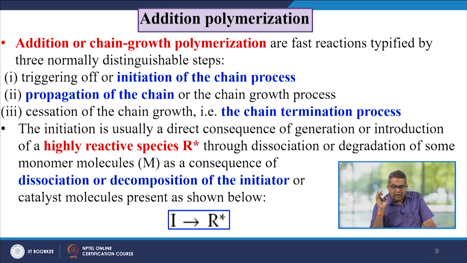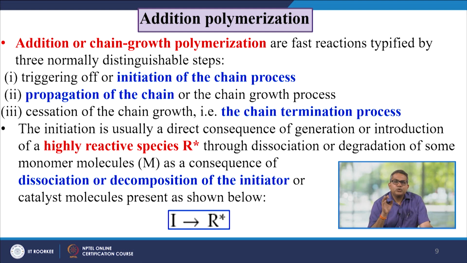Now, addition or chain growth polymerizations are fast reactions typified by three distinguishable steps. One is the triggering off, that is the initiation, second is the propagation, and third is the termination step.